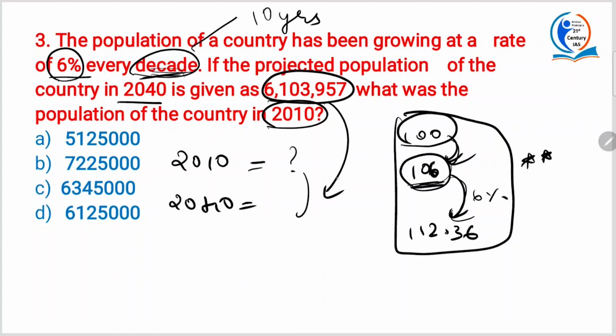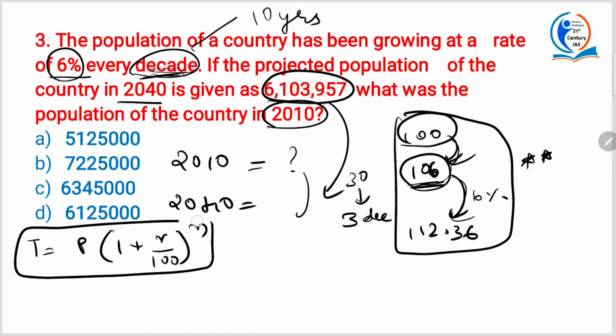Here it's not every year, it's every decade. So how many decades? It's a 30 years gap, which means 3 decades. Now we'll use the same concept of compound interest here. In compound interest, the formula is total equals principal into 1 plus rate of increase or decrease by 100, whole power n, where n is the number of increases.